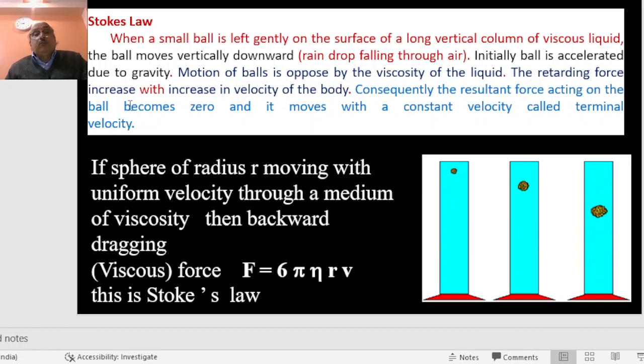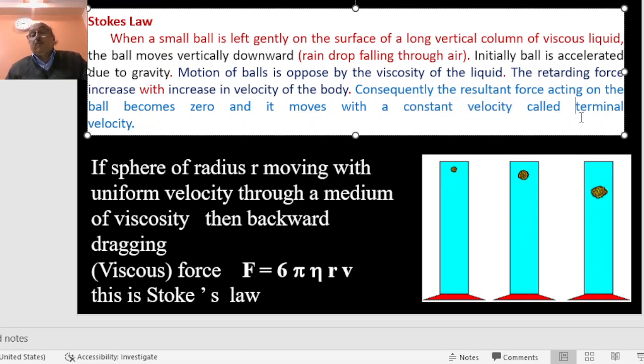The retarding force increases with the increase of the velocity of the body. So consequently, the resultant force acting on the ball becomes zero. If the force is zero, the acceleration will be zero. And when the acceleration is zero, the velocity will be constant. And this constant velocity is also known as terminal velocity.